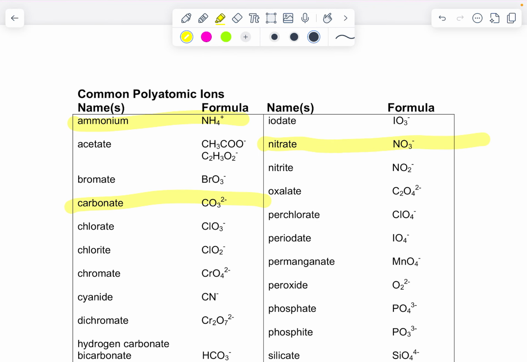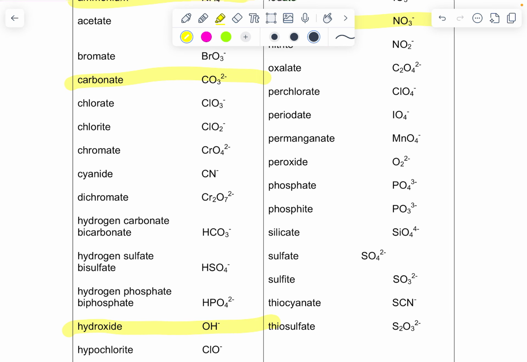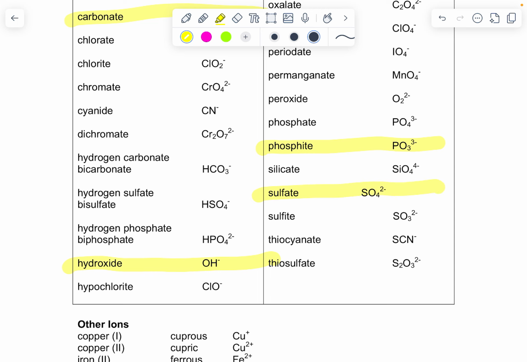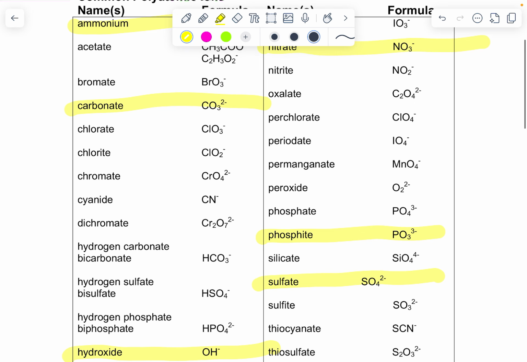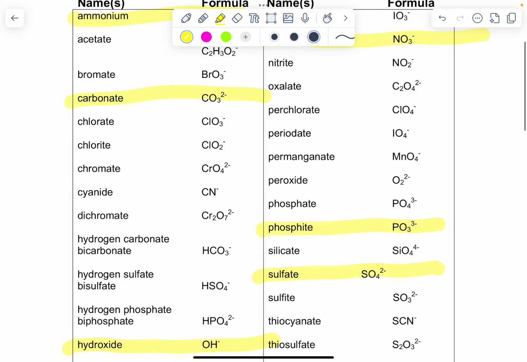Nitrate is very common. Phosphate is common. And sulfate is very common. So go ahead, you can pause your videos and see which ones I've highlighted here, and do the same because it'll make it easier to find stuff.